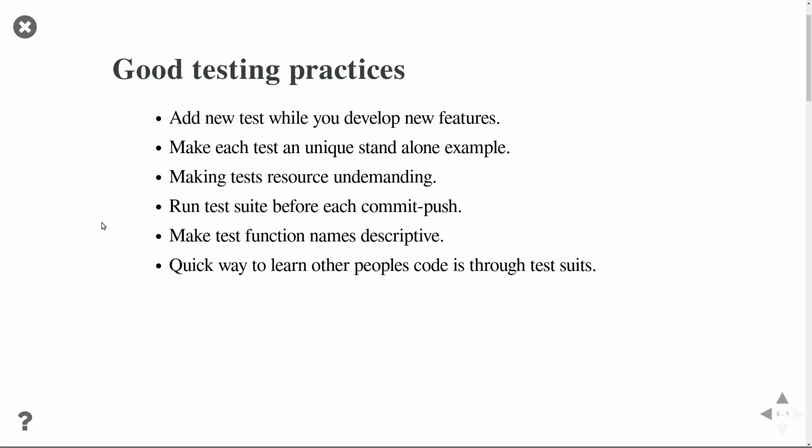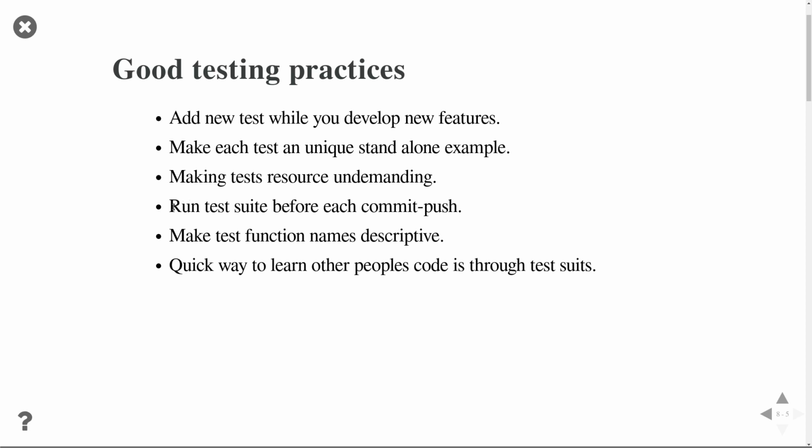Tests should run quickly, so don't make your tests download gigabytes of data or run computations for an hour, because you want to execute tests all the time. Ideally, whenever you change something, just run the tests for 10 seconds to make sure that everything is still working.